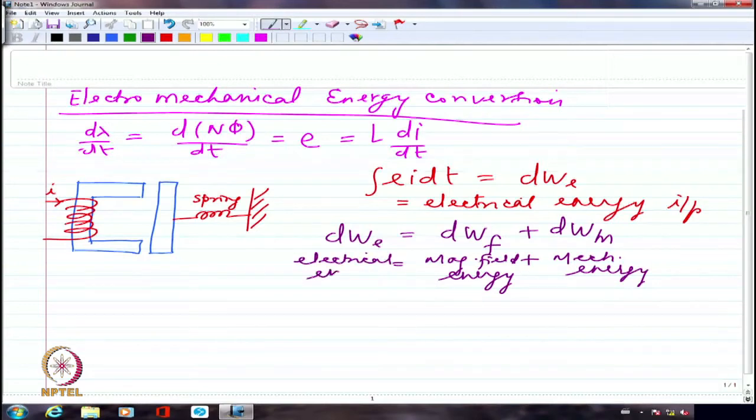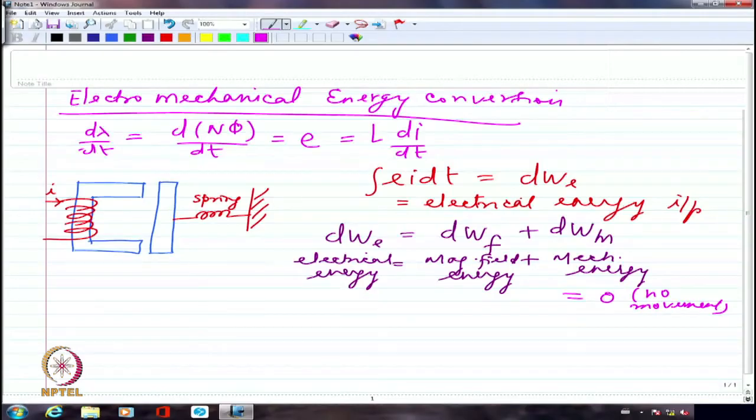So, we are looking at an electromechanical energy conversion system where electrical to mechanical energy conversion is taking place, which is like a motor or an actuator in this particular case. If there is no movement, this will be equal to 0.